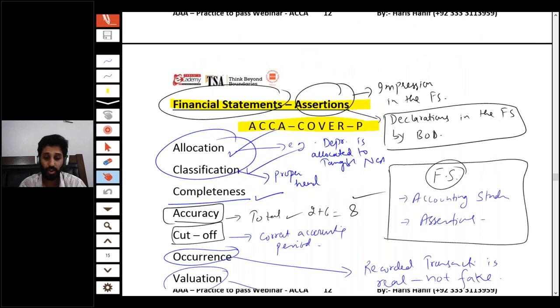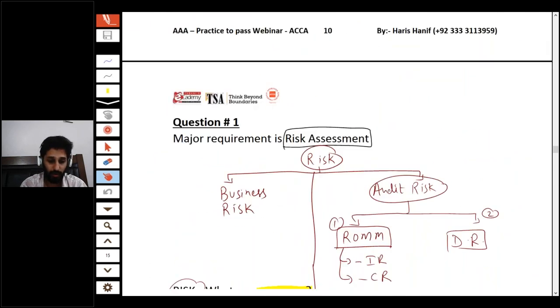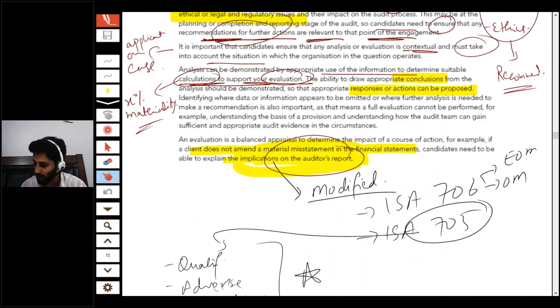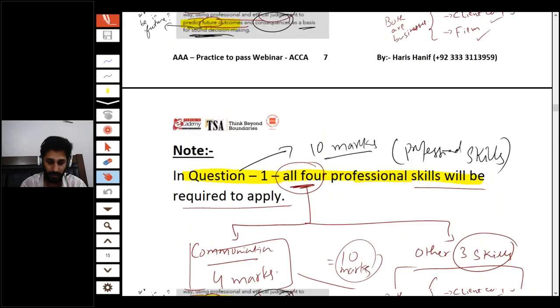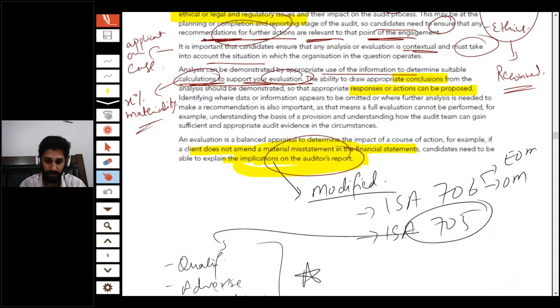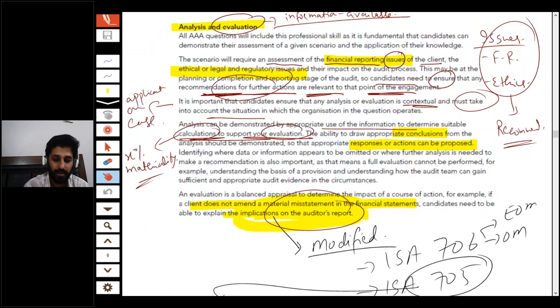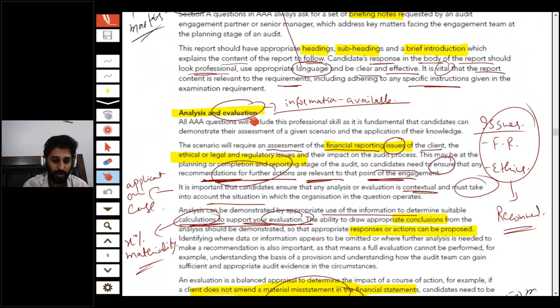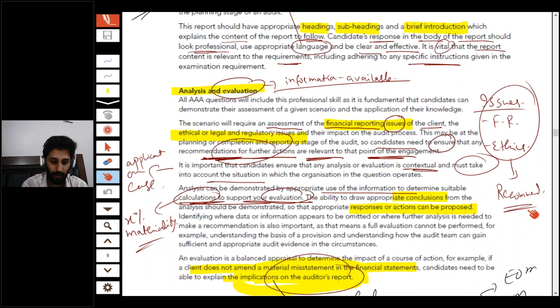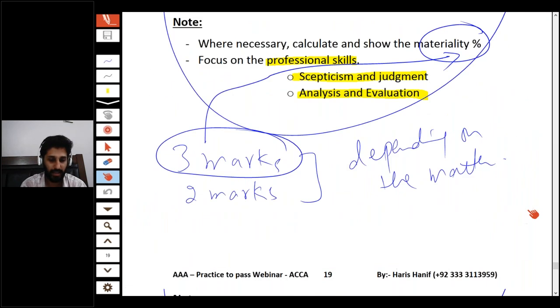I'm just giving you a very short and quick recap of that specific thing. See that whenever you are required to evaluate, after evaluating the issues, you need to come up with the recommendations as well, right?